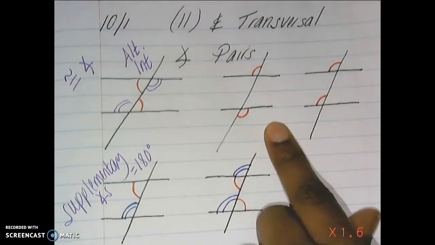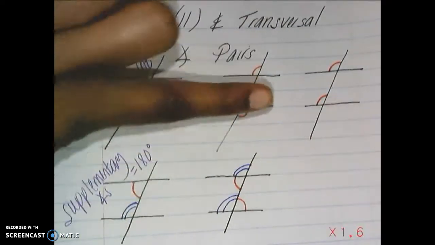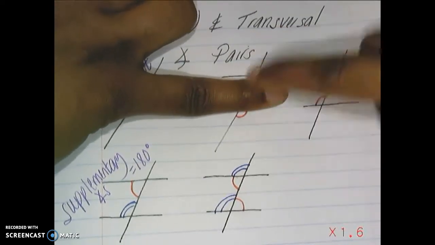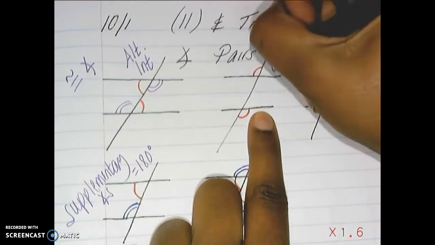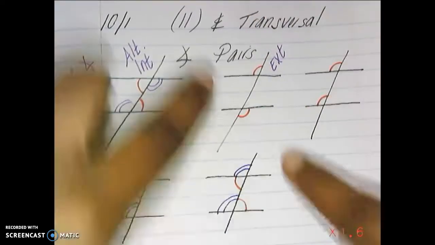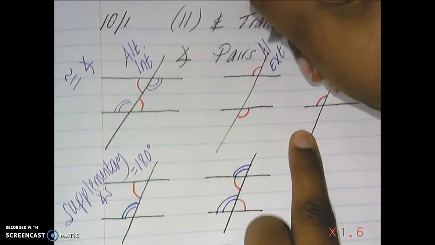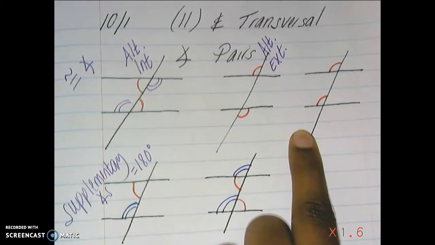This second pair in the middle, put your finger in the middle. The two angles that are showing are on the outside, meaning they're on the exterior. And they're on opposite sides of the transversal. And because they're on opposite sides, these are alternate exterior angles.